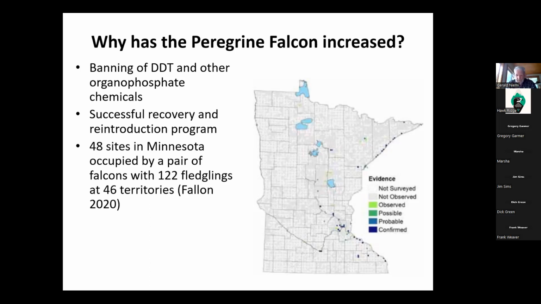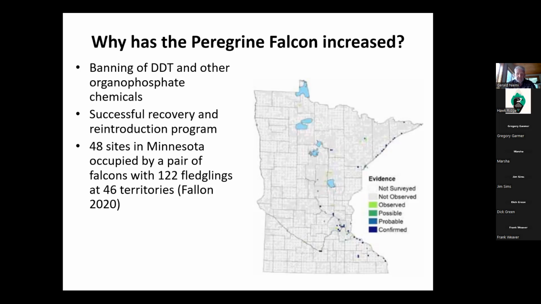I showed the nesting locations from the Breeding Bird Atlas on the right-hand side. These are, of course, all the nesting locations, so they're confirmed sites. I put a quote in here from Jackie Fallon: 48 sites in Minnesota occupied during that Atlas period, with 122 fledglings at 46 of the territories.